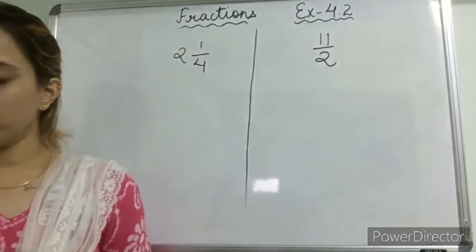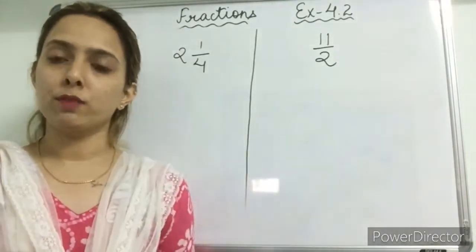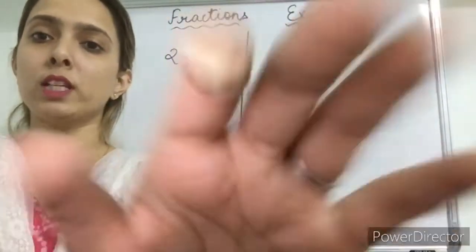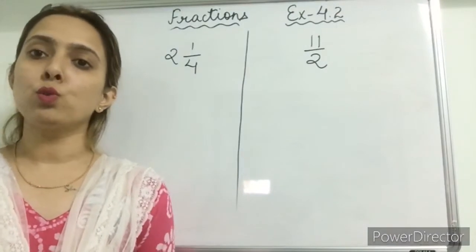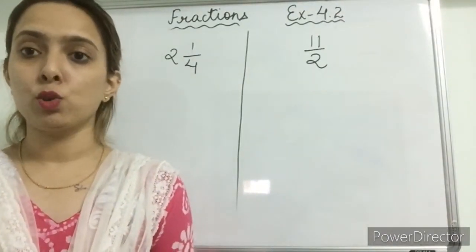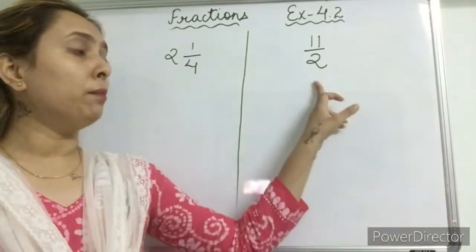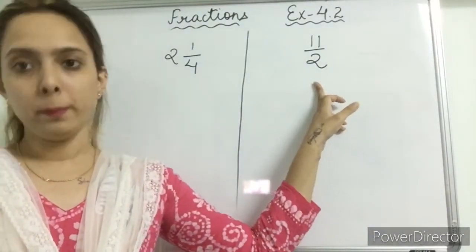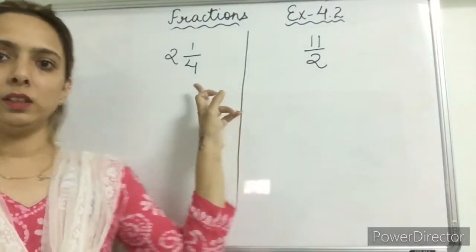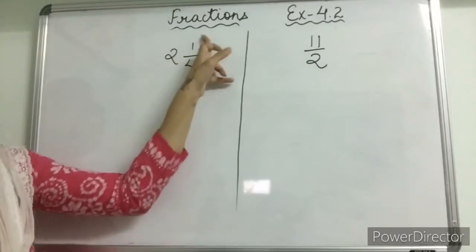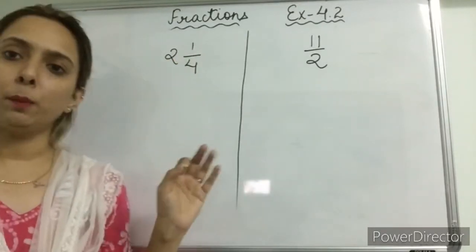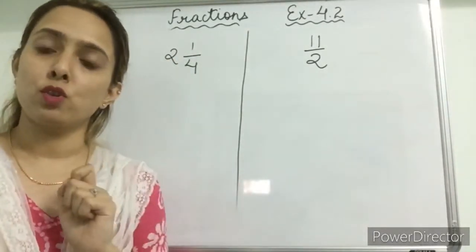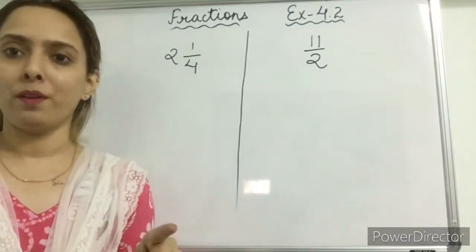Students, for moving further to question number 4 from exercise 4.2, I would like to explain how to convert a mixed fraction into an improper fraction and an improper fraction into a mixed fraction. So first, here I have written 2 over 1 by 4. We all know that this is a mixed fraction. A mixed fraction is a combination of a whole number and a proper fraction.